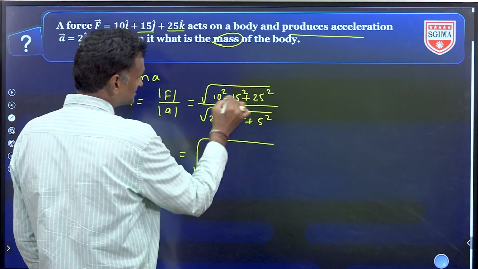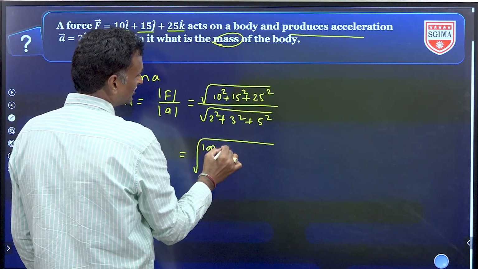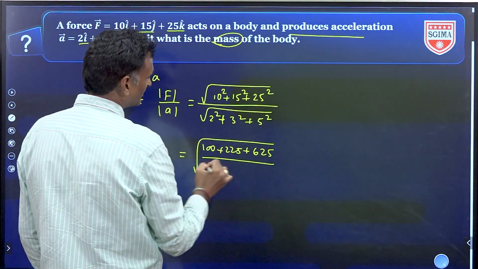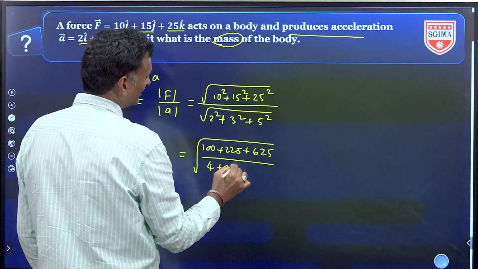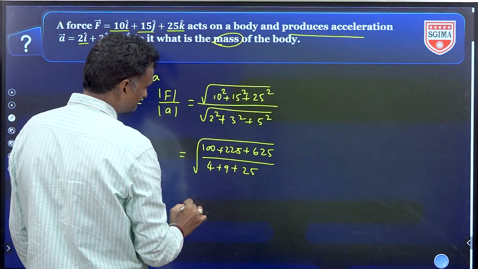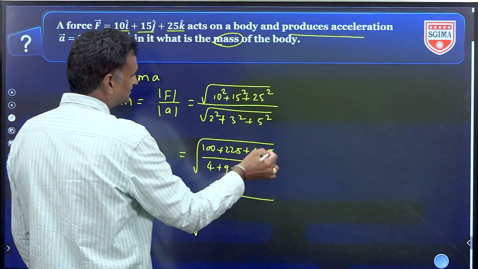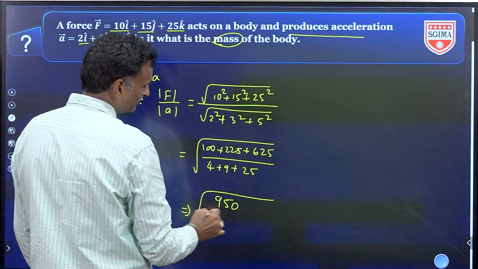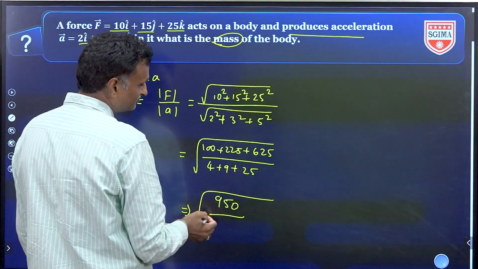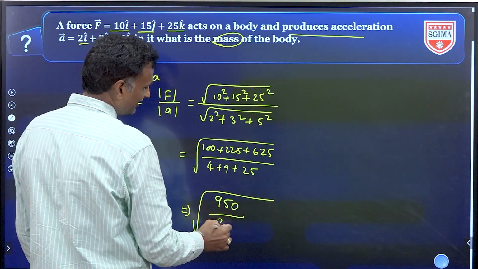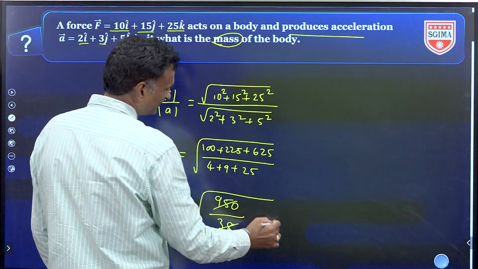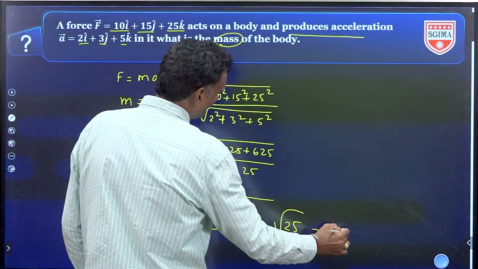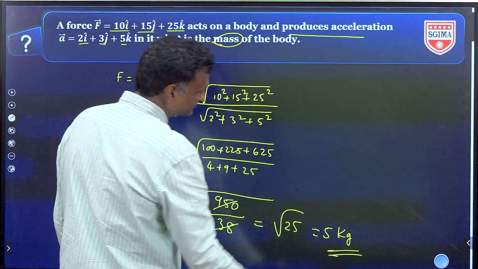So, here comes 100 plus 225 plus 625, over 4 plus 9 plus 25. So this is 650, 200, 850, 950. Okay. So 25 plus 4, 29, 38. And striking off, it gives you 25. So finally 5 kgs of mass.